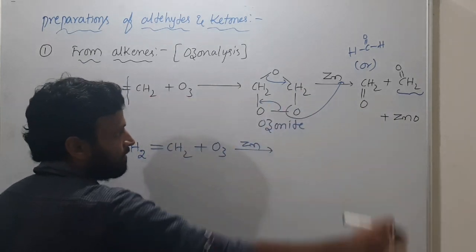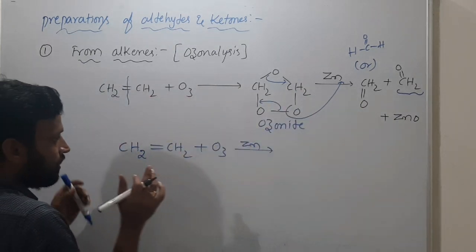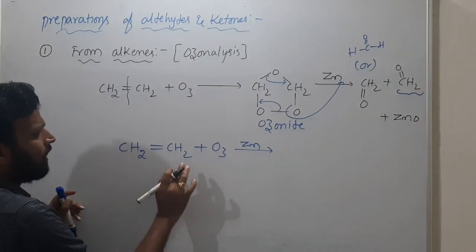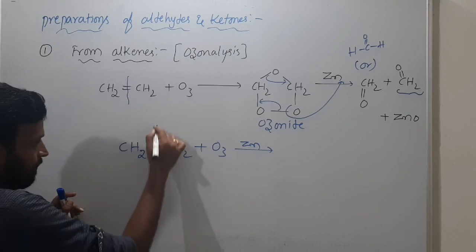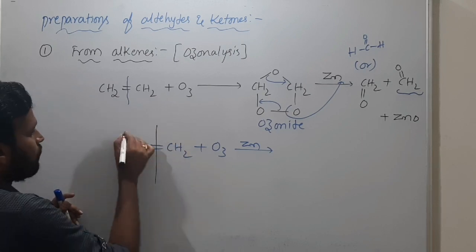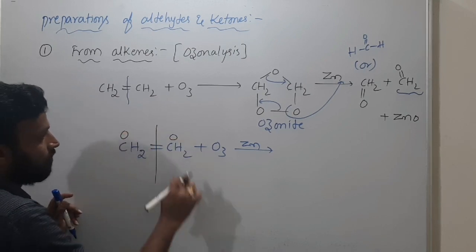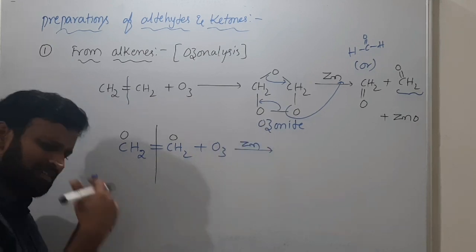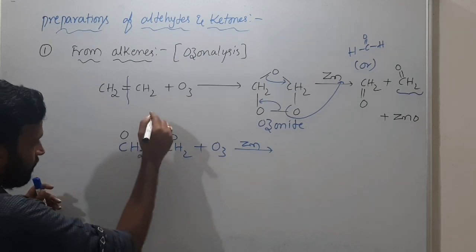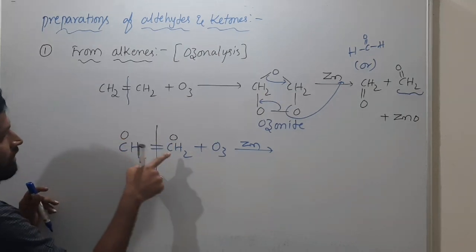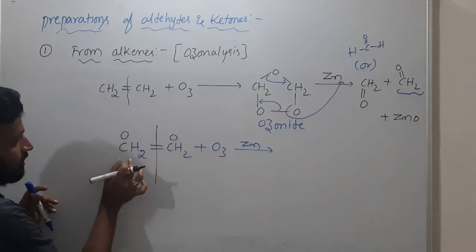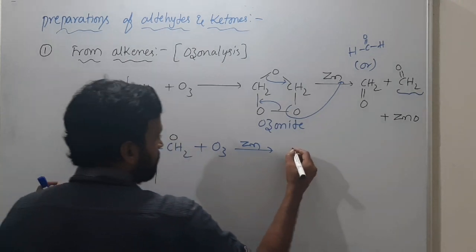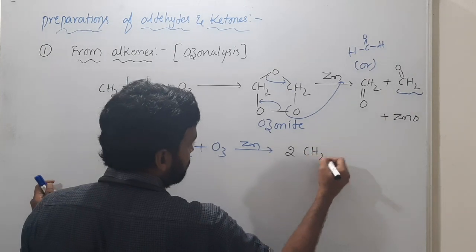Otherwise, if this kind of question is asked in the NEET exam, the simple way is to break the double bond completely, put one oxygen here and one oxygen here, forgetting the one with zinc. So our products are 2 moles of CH2O.